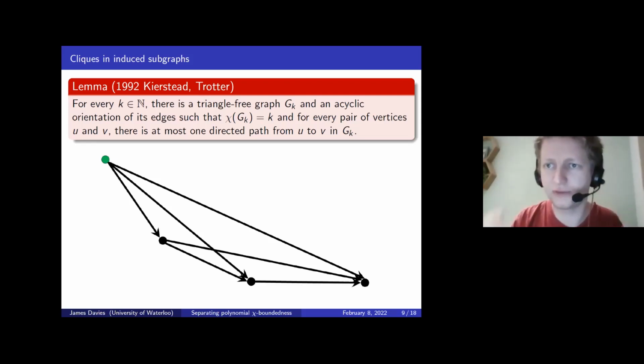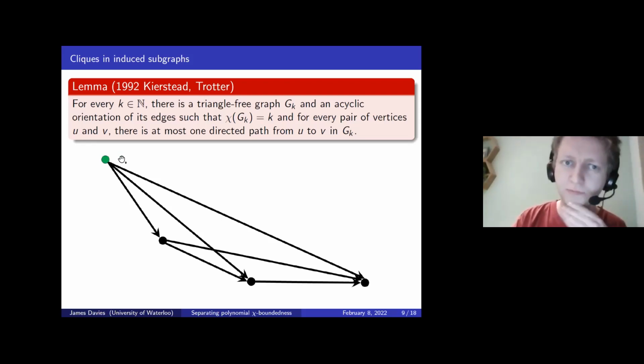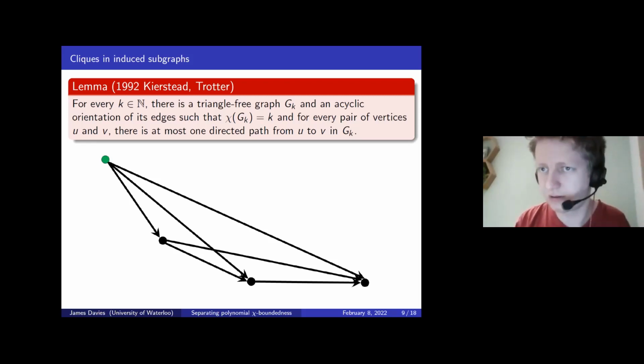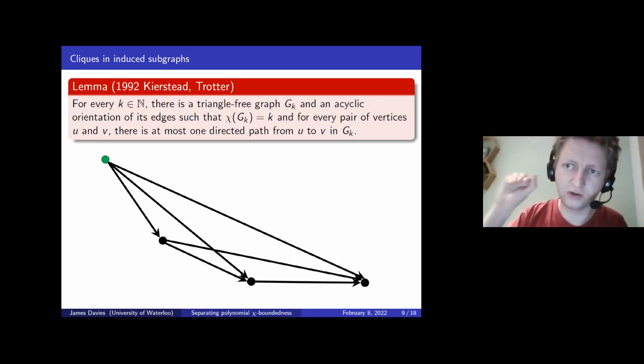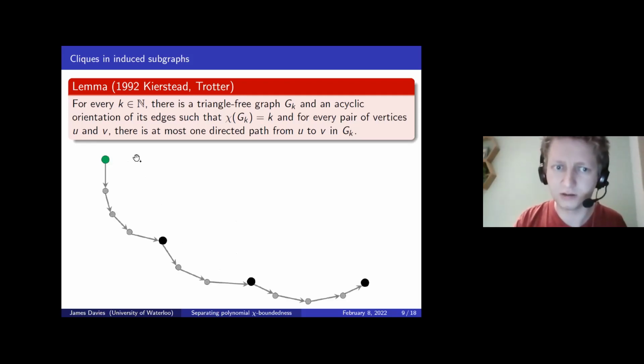So in particular, if a clique has a tail vertex where all the edges are outgoing, like this one, say this is the largest clique with this green vertex being a tail. Then there must be a reason we got these edges and found this clique, which is that all these vertices must lie on a directed path from our original construction. So they must lie on something like this, is how we obtain them.